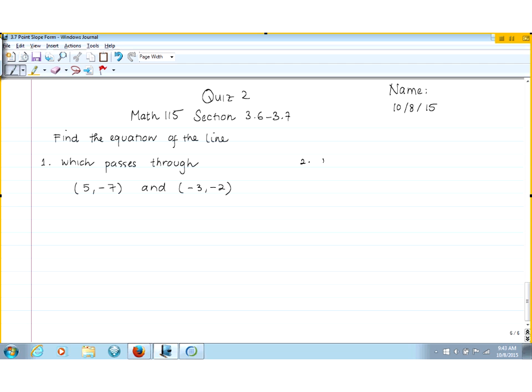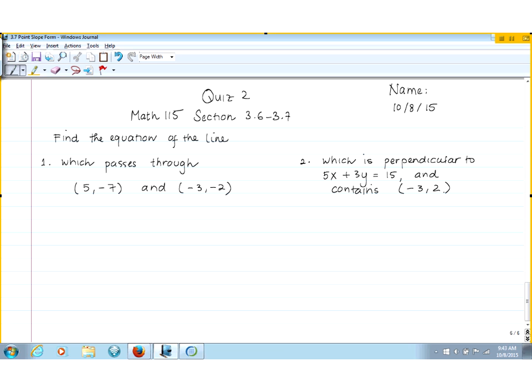Now number 2: find the line which is perpendicular to 5x plus 3y is equal to 15 and contains, let's just say, (-3, 2).